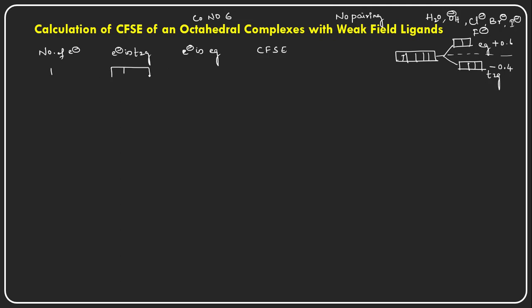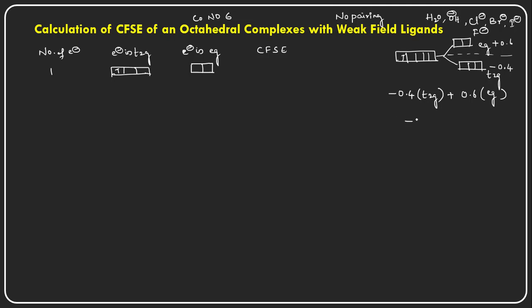Better I will draw this d orbital, so that it will be easy for us to understand. So these are the T2g orbitals, and one electron enters here, and there are no electrons present in the Eg orbital. And what will be the crystal field stabilization energy value? We use the same formula: minus 0.4 into electrons present in the T2g orbitals plus 0.6 into electrons present in the Eg orbitals.